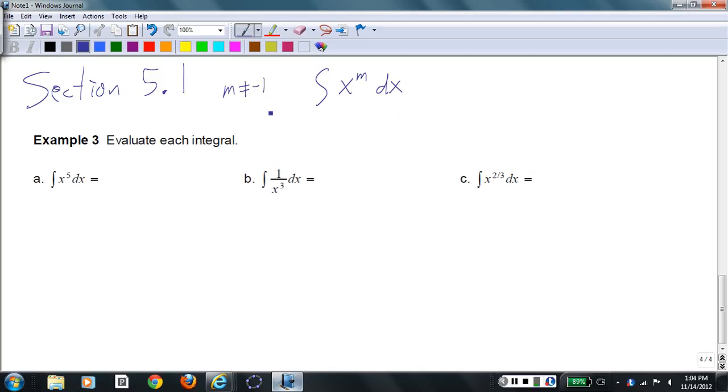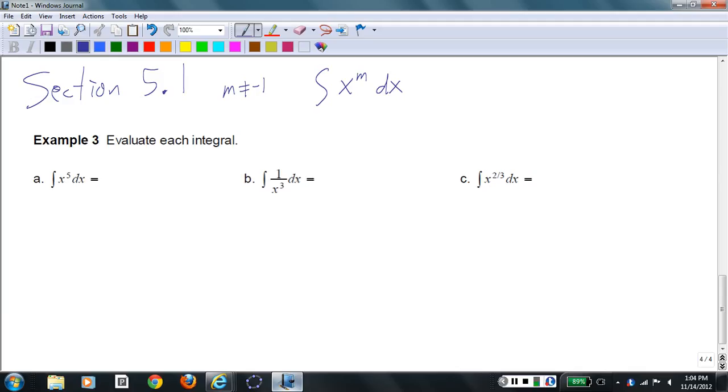That's going to cause a problem for us because we're going to need to divide by m plus 1. If m equals -1, then m plus 1 equals 0, and we cannot divide by 0. So I need to exclude the case that m equals -1. It will be dealt with separately.